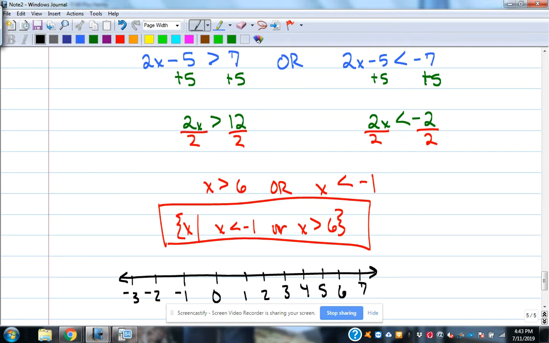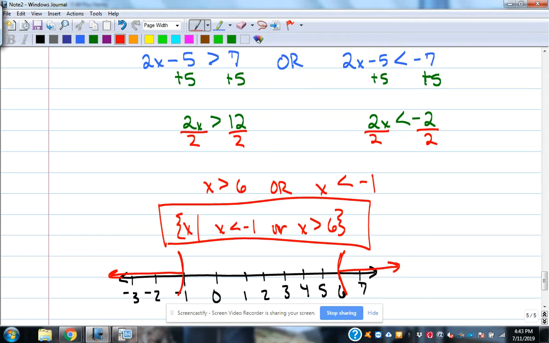We know x is less than -1. That's going to be a parenthesis because it doesn't have the equal to mark. If it were an equal to mark, you'd put a square bracket there, and it's going less than, so it's that direction. And on the 6, a parenthesis, going to the right, just like that.